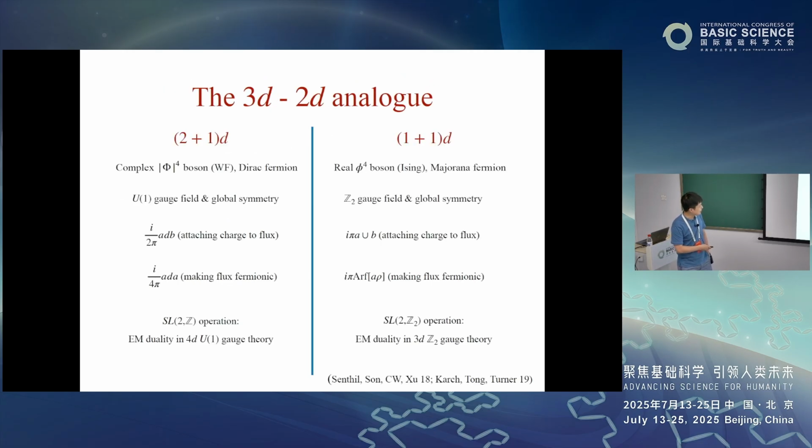Another curious fact is that if I try to generalize along this line, the real reason why you can go from 2D to 3D is that in 2D, this Z2 has nontrivial pi 0. In 3D, this U1 has nontrivial pi 1. So the most naive thing you want to do is, in 4D, find something that has nontrivial pi 2. None of the Lie groups does that. So yeah. Thank you.